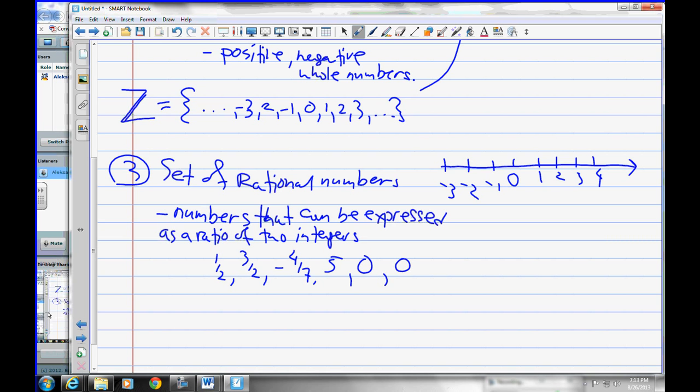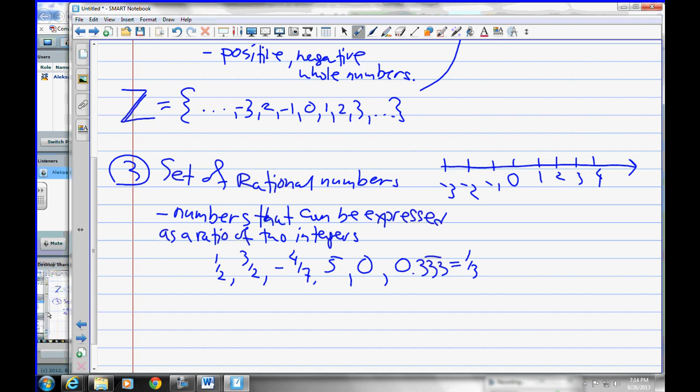How about things like 0.333 where the 3 goes on forever? Can we express that as a fraction? Yeah, that's just 1/3. So even if your decimal goes on forever, if there is a pattern in that decimal expansion, then there is a way to turn it into a ratio of two integers. It gets a little tricky.